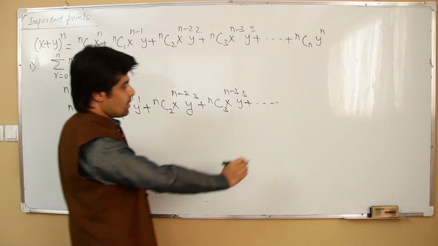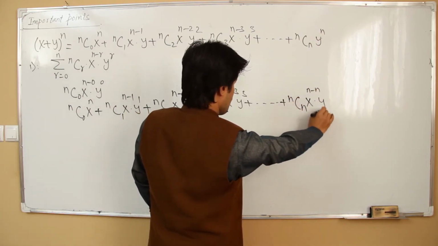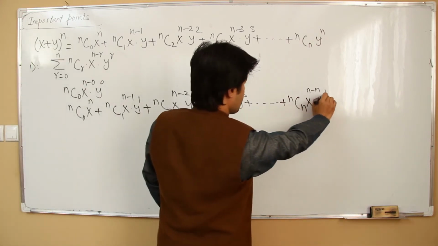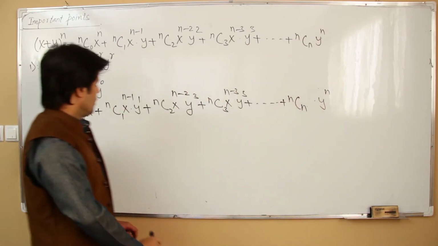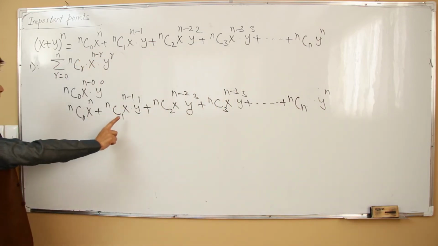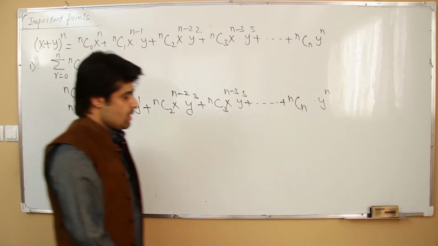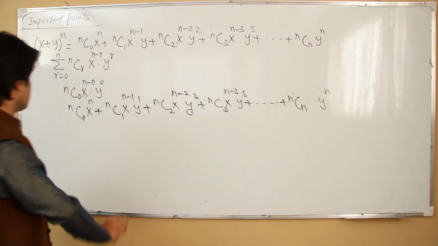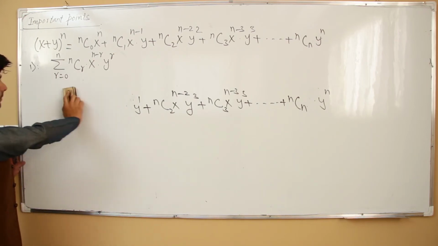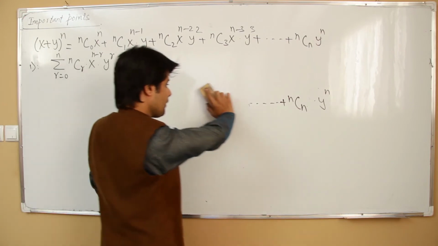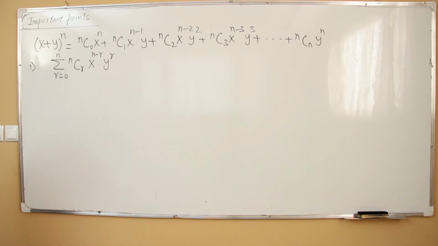Up to the n-th term. So you will have ncn x to the power n minus n y raised to the power n, and n minus n is 0, x to the power 0 is 1. So look, the first term, the second, the third, the fourth. This notation can be used instead of nc0 x to the power n, nc1 x to the power n minus 1, up to ncn y raised to the power n. Am I right or not?